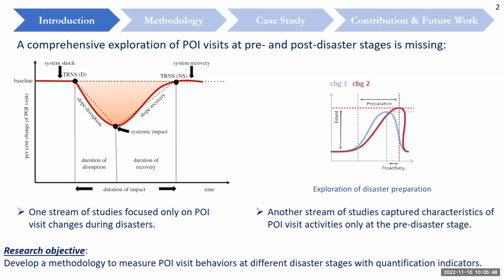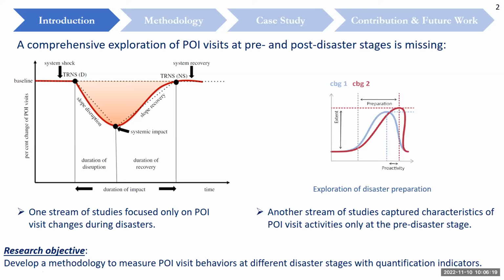That's why we aim to use point of interest data to have a more holistic understanding of resilience, including different phases of disaster. Recently people started to look at the preparation phase using the POI data. They look at how, before the disaster hits, the visitation will increase or decrease, and use it as a measurement of preparation.